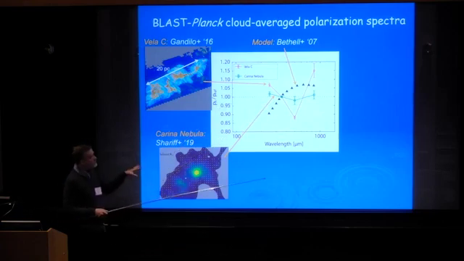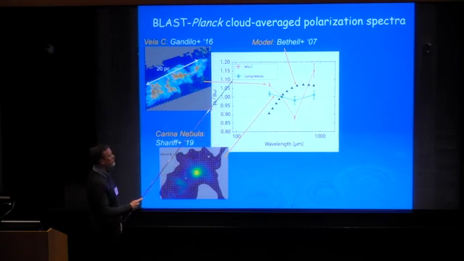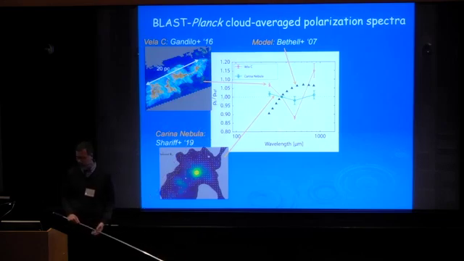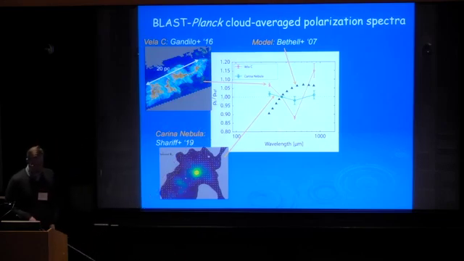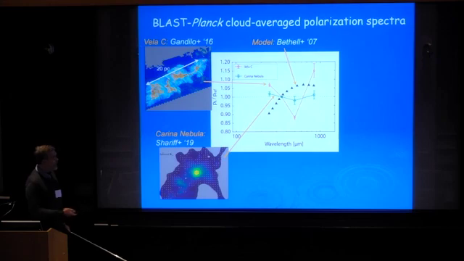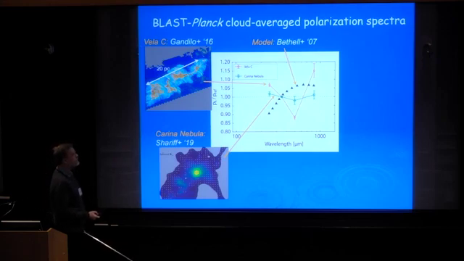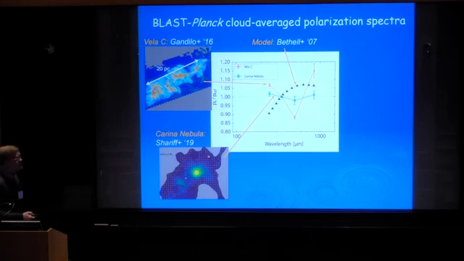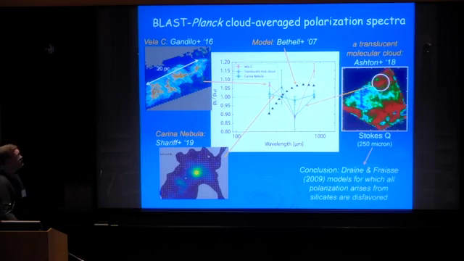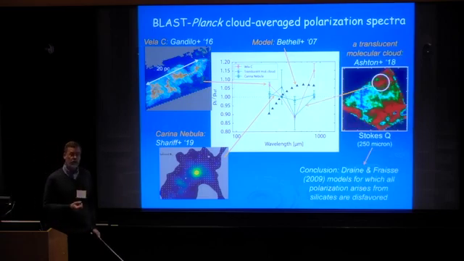And in the rest of the talk, I'm going to tell you about what SOFIA can do. Now we're pushing with the airborne telescope into this frequency range here, the far infrared. But before I tell you about that, I want to mention there's actually three, not two, but the third one's very different. The third BLAST result is the first measurement of the submillimeter polarization spectrum for a translucent molecular cloud.